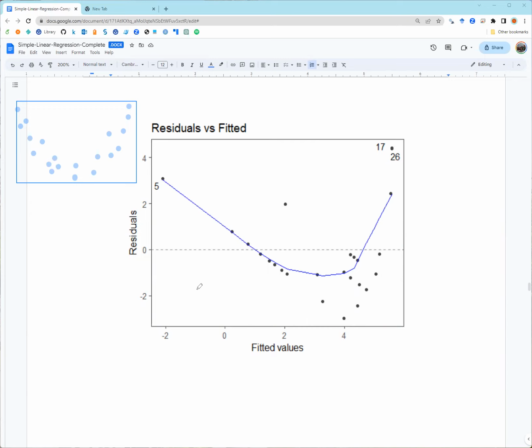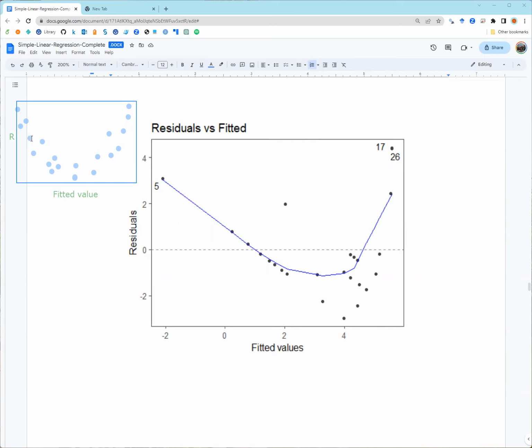This would be problematic. If you knew the fitted value here, you could have a pretty good guess at what the residual value is up here.